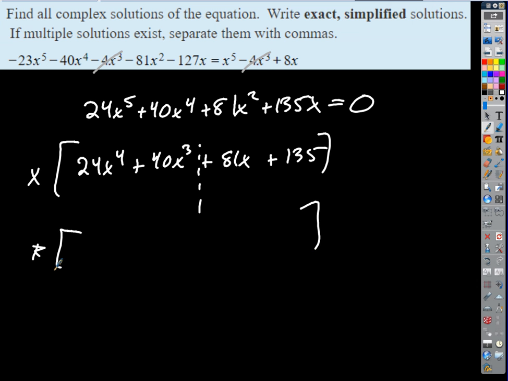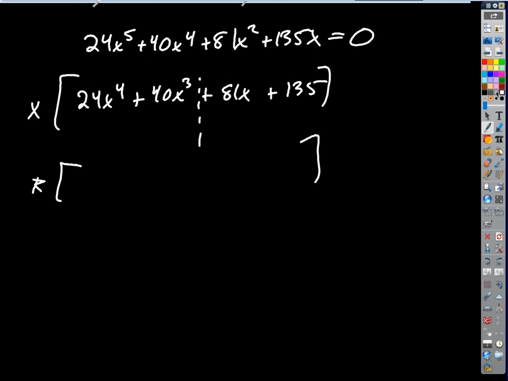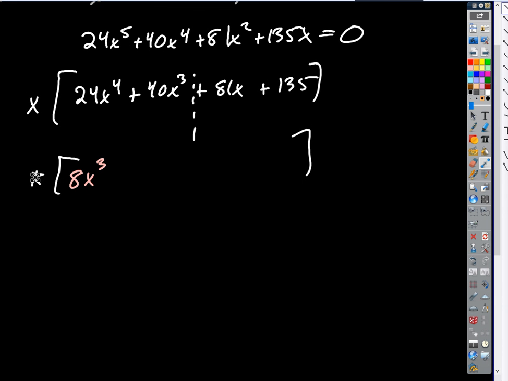Okay, so in my first group, what's my greatest common factor? 8x to what power of x? Third. Okay, good.